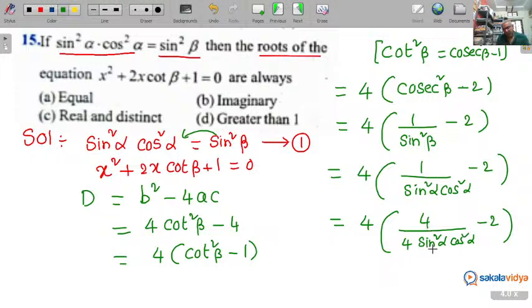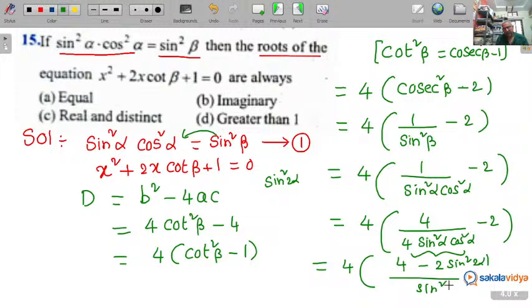This is sine 2 alpha whole square, sine square 2 alpha. So it is 4 into 4 minus 2 sine square 2 alpha, by sine square 2 alpha.